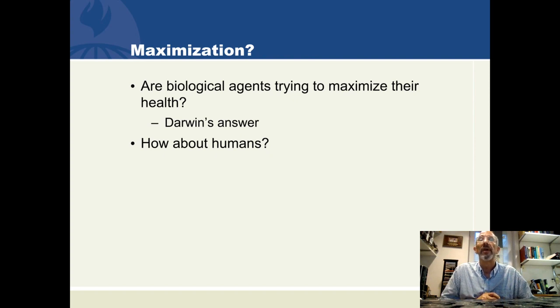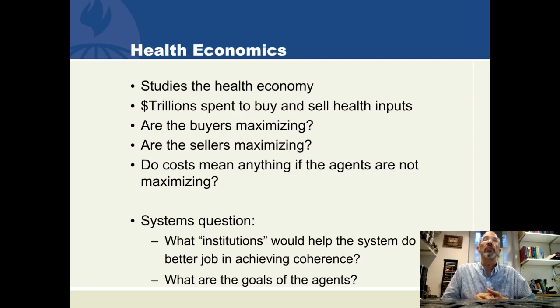We observe drug addiction and sedentary lifestyles and many choices of governments to do nothing to prevent epidemics. So we have to be open-minded about whether indeed we are seeing maximization, which is kind of exciting for economists. We have all of this machinery ready for the study of maximizing agents. Are we really maximizing? So for the rest of the course, we will be in health economics, where we are trying to study the health economy.